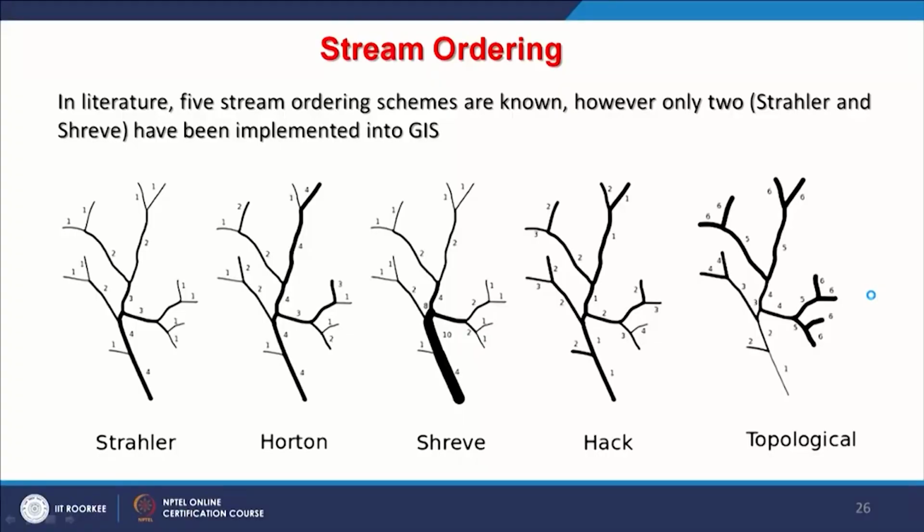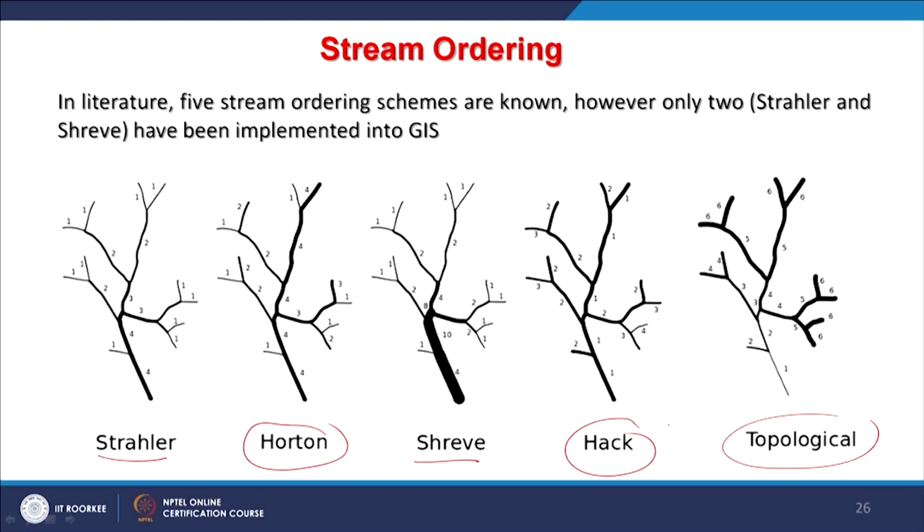Now, as you can see, there are other stream ordering methods also, apart from Strahler and Shreve. Horton has worked a lot on this, because you have also seen the new algorithms for slope, aspect and other things. There is the Hack method, and of course a topological method that is based on topology.